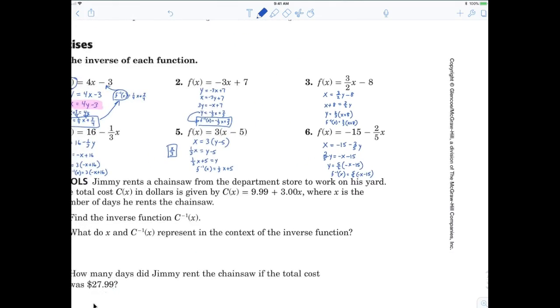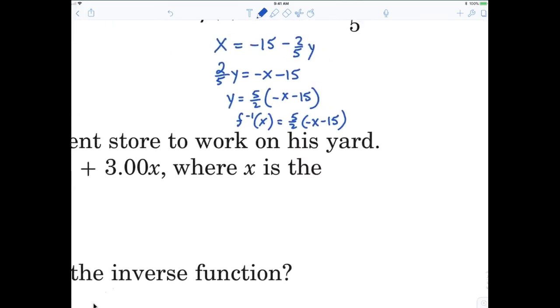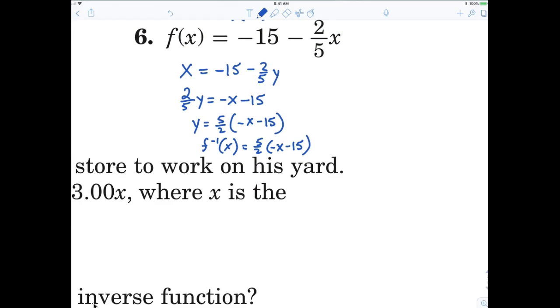I have a question. Go ahead. Why don't you have to do the fifth with a fraction? I'm confused on this one because we did 2/5 y and then we did y equals 5/2.